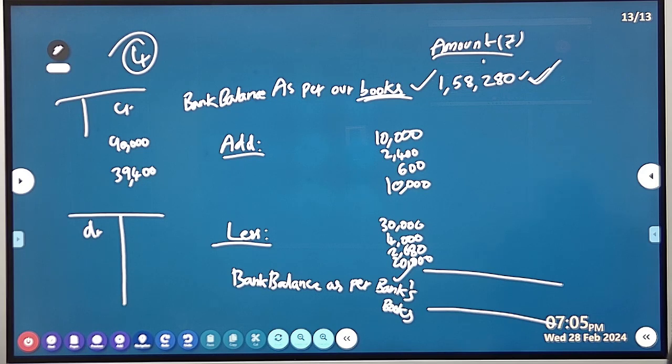Clear na? हाँ. A check of 800 drawn on savings account has been shown as drawn on current account. Paid. Drawn मतलब paid.